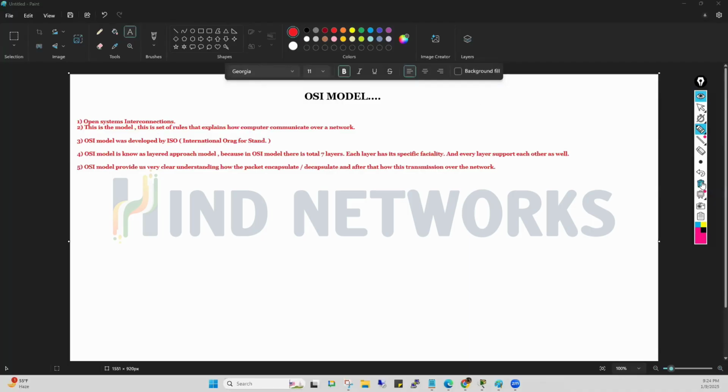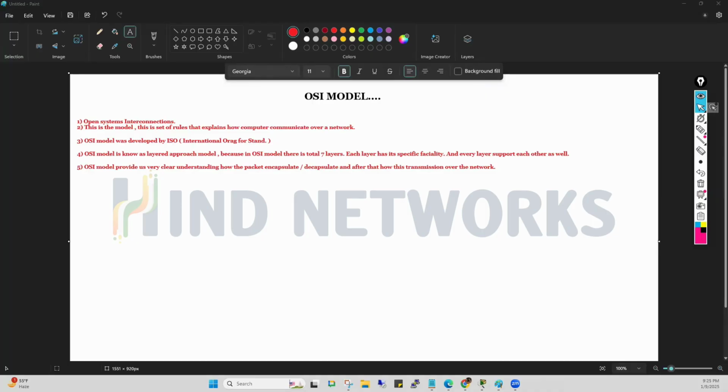And after the OSI model, when all the manufacturers are following that model, now we are able to make communication possible between all the vendors' devices. For example, right now I am using a Dell laptop. Definitely, I can ping Lenovo, Apple, or any device, right?